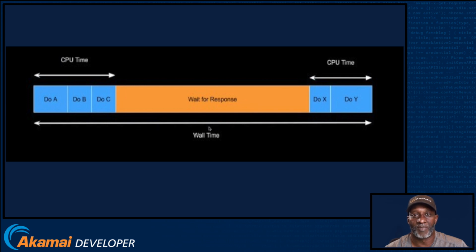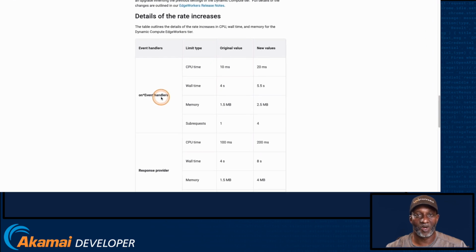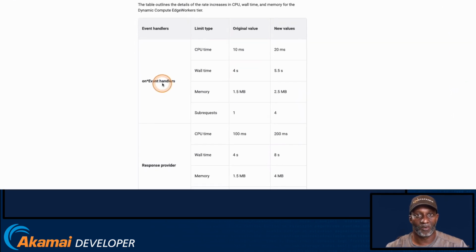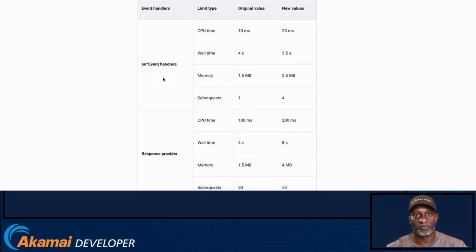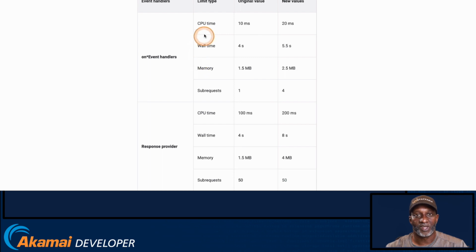With these definitions in mind, let's review the updated limits in the blog post that we just reviewed. For all of the on-type event handlers, that would be on-client request, on-client response, on-origin request, on-origin response, those event handlers have increases in all four of the categories.